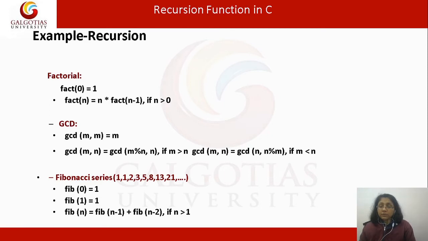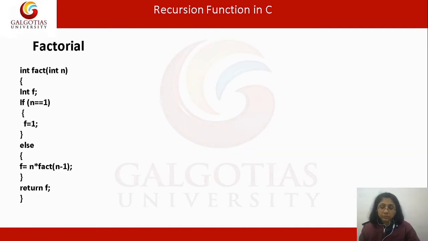If you start from 0, 1, then Fibonacci of 0 will be 0, or otherwise if you start from 1, then Fibonacci of 0 will be considered differently. Here, two base conditions are there. Otherwise, as you know, for Fibonacci of n, it has to consider the previous two values, Fibonacci of n minus 1 and Fibonacci of n minus 2.